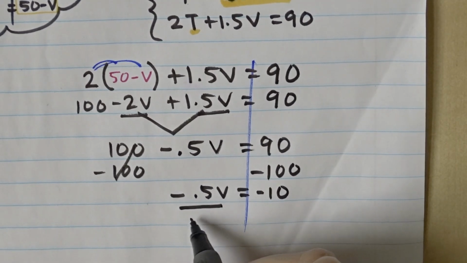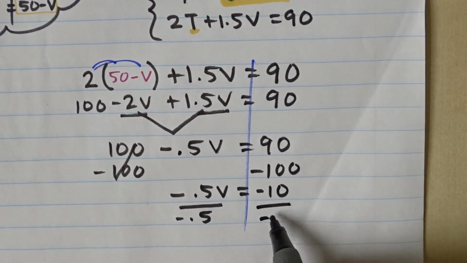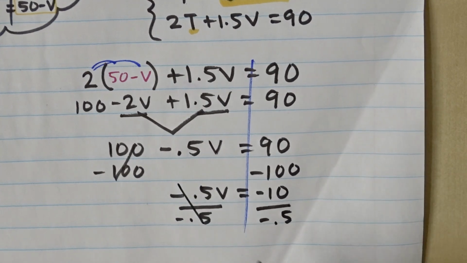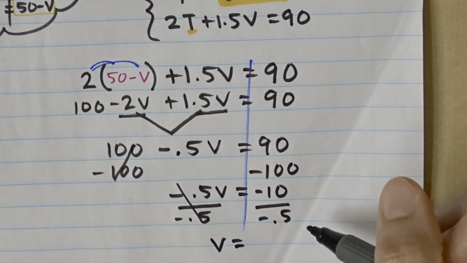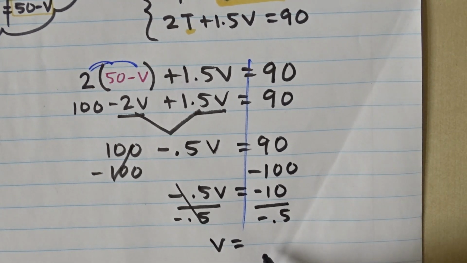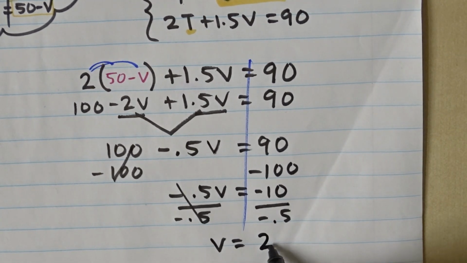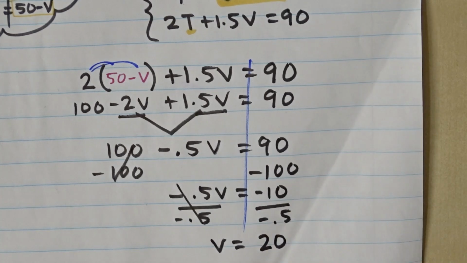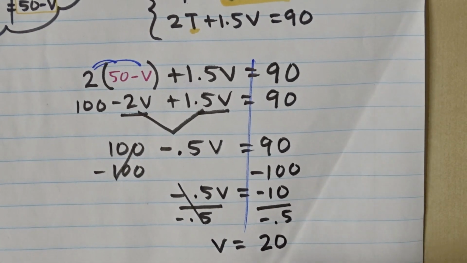Divided by negative 0.5. And V equals, 50 cents goes into $10 20 times. And negative divided by negative is a positive. So there were 20 veggie burgers.